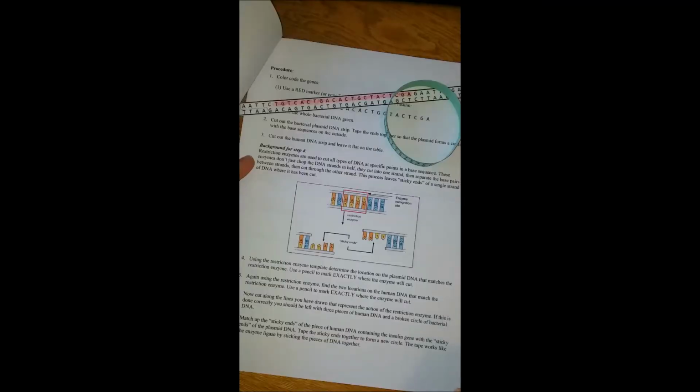Restriction enzymes are used to cut all types of DNA at specific points in base sequence. These enzymes don't just chop the DNA in half, they cut into one strand, then separate the base pairs between strands. Then they cut through the other strand. This process leaves sticky ends of a single strand of DNA where it has been cut.